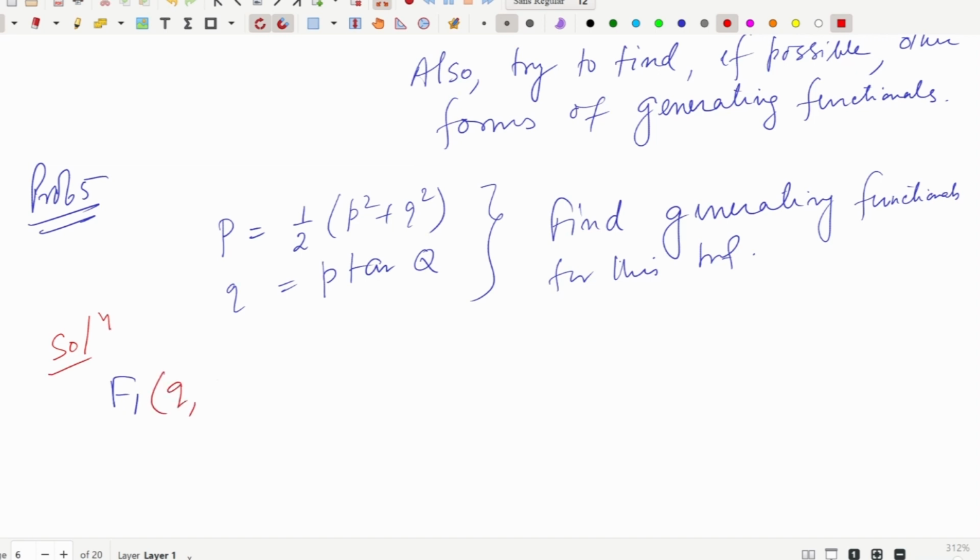F1 is a function of q and Q. So, ∂F1/∂q is p, and ∂F1/∂Q is minus P. So, we have to simplify the above canonical transformation to find small p or capital P, then we will substitute, and then we will integrate. Okay.